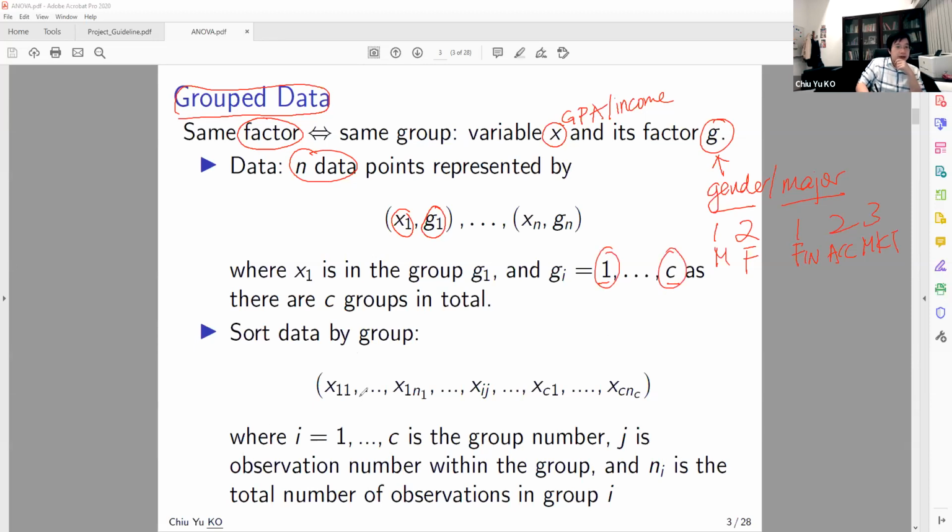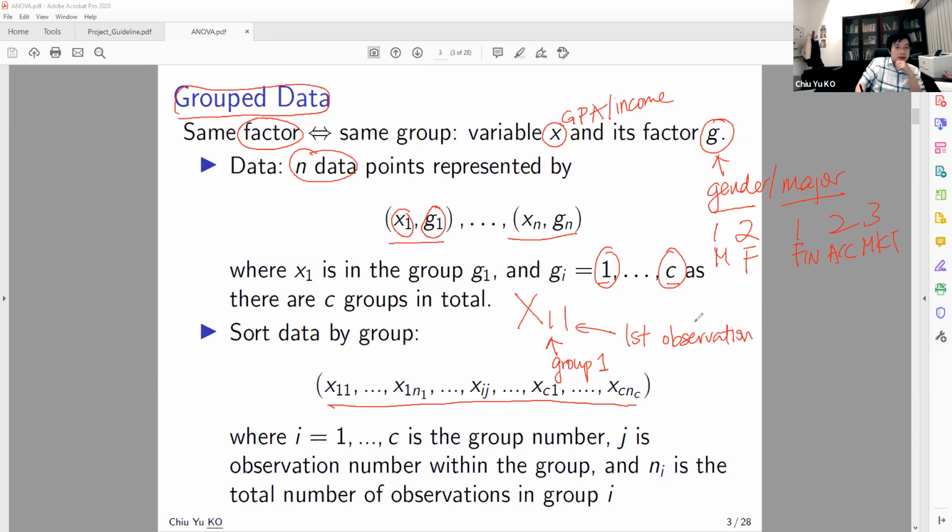And the data is sometimes not two-dimensional. Sometimes you represent it all together in a single line, okay? So X11 will be the data which represents group 1, first observation.